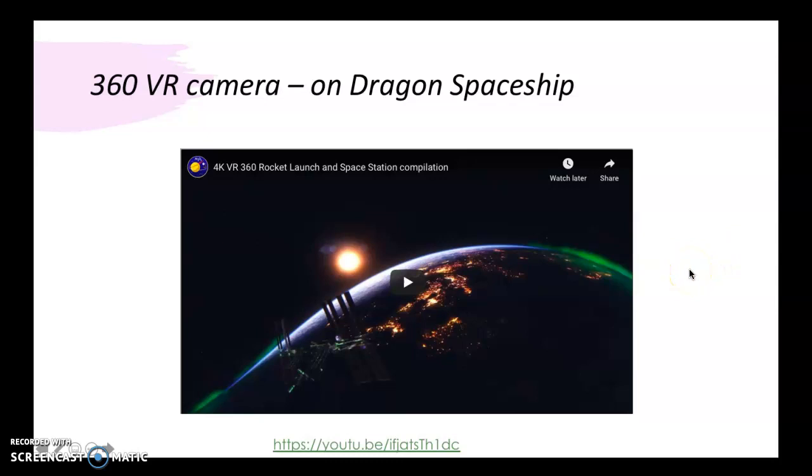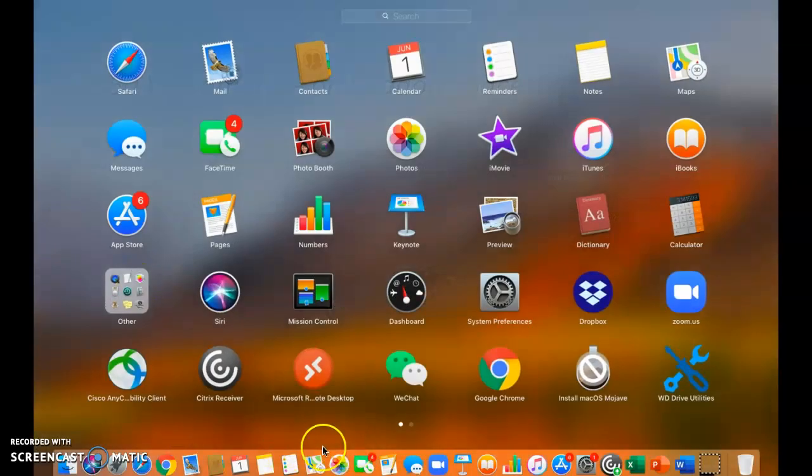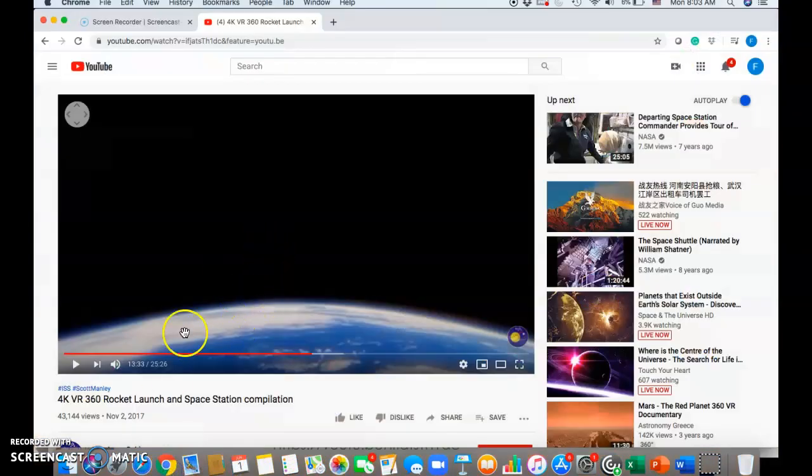So this is actually a 3D VR camera capturing pictures from space, and it's actually a similar camera to Dragon, the one just launched two days ago. I'm going to move this over here.